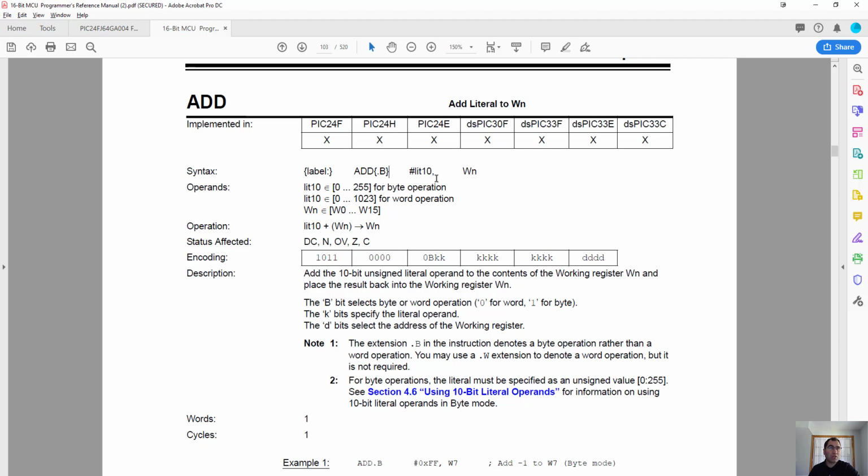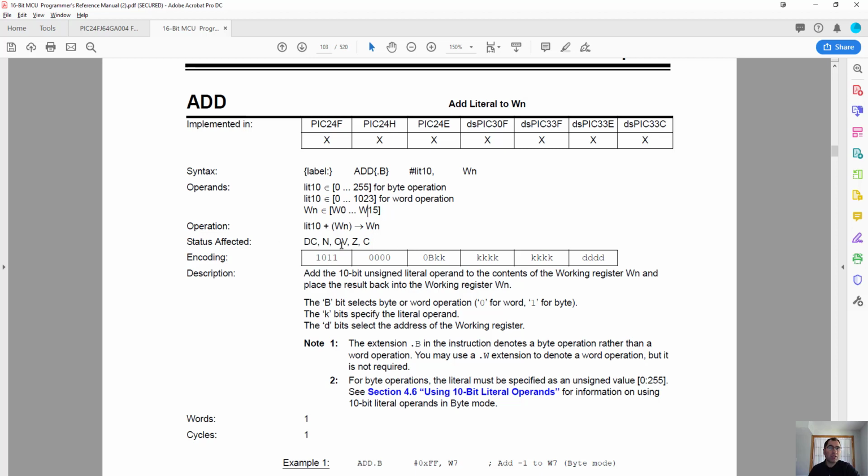There's a limitation. It can be only up to 10 bits. So 2 to the 10 is 1024, of course, it's from 0 to 1023. So that's the limitation. And also Wn can be any working register we have, from 0 to 15. So that's how we read it.